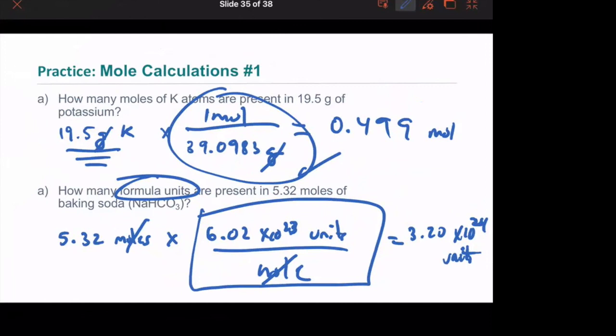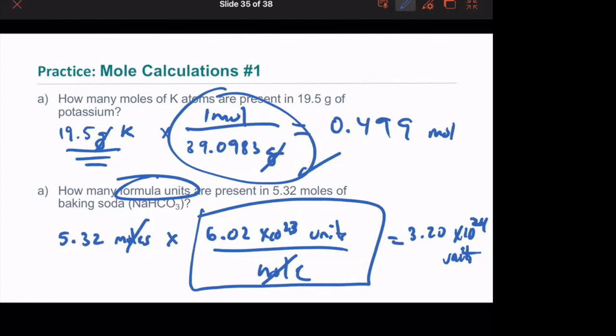Yes. So that was because it gives you the NaHCO3, you didn't even need to find the molar mass. Yeah, that's what I've learned over the years. For some students, you're having trouble seeing it. You see that formula and you want to add up all the masses, but it's not asking for a mass.